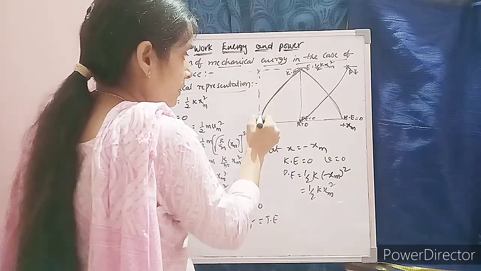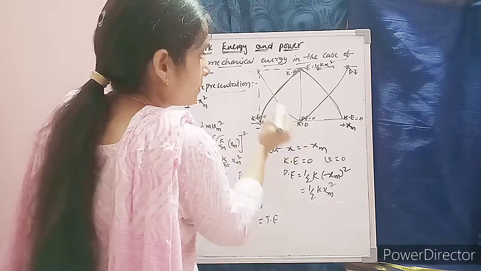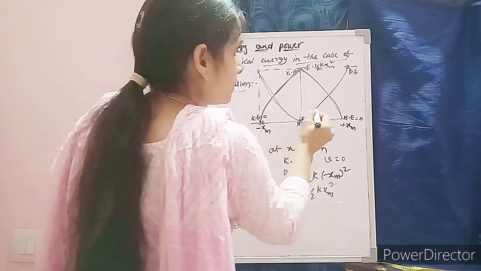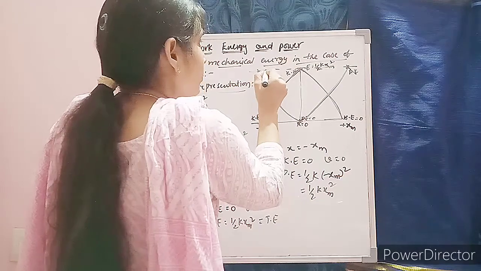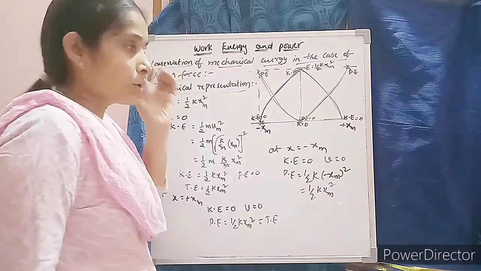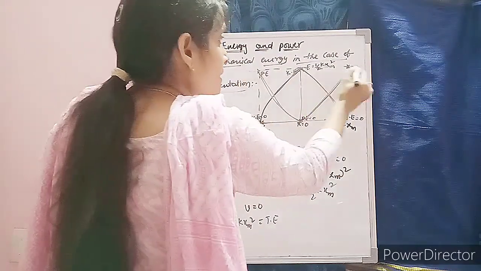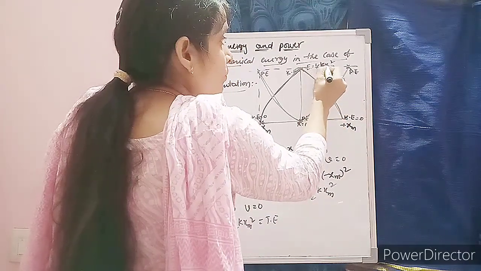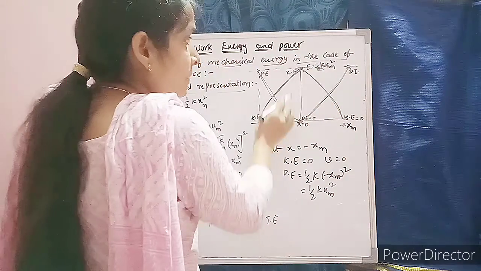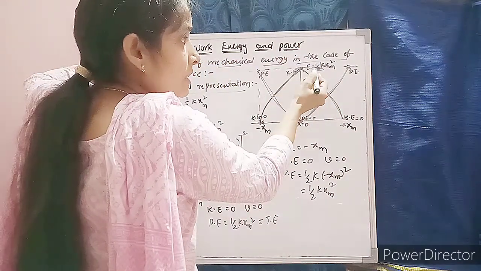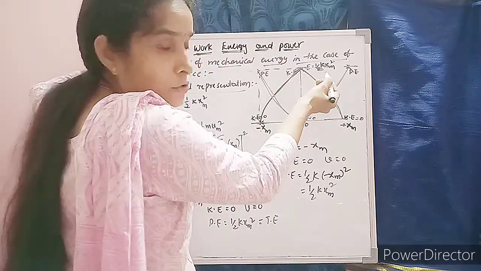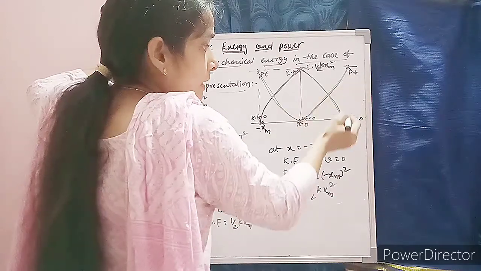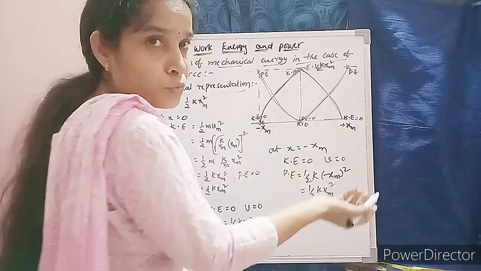So somewhere here it is. I am joining this one. Here is the potential energy which is equal to the total energy. So this line indicates the total energy line which is equal to half into k into xm square. At mean position, the kinetic energy is equal to total energy, half k xm square, and at extreme positions there is no kinetic energy.